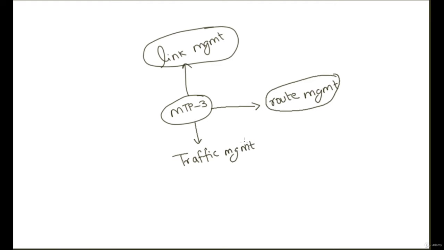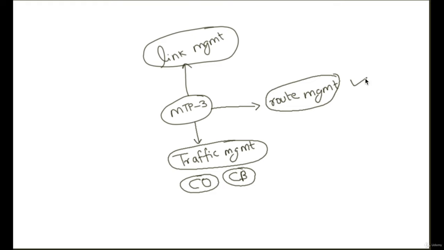In the traffic management section, we saw the changeover process and the change back process for managing the traffic. Now in this section, we are going to take the route management function, in which the STP or signaling point is going to inform other adjacent signaling points about the state of links so that they can modify their routes. Okay, so let's take the route management function.